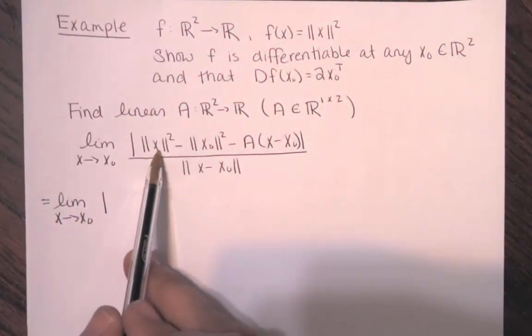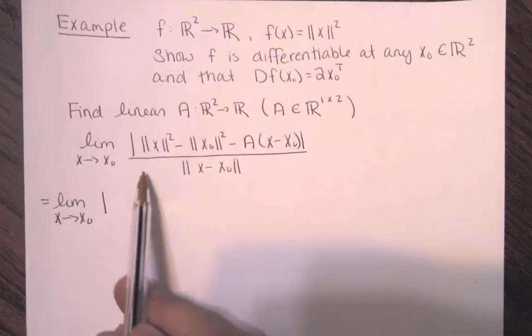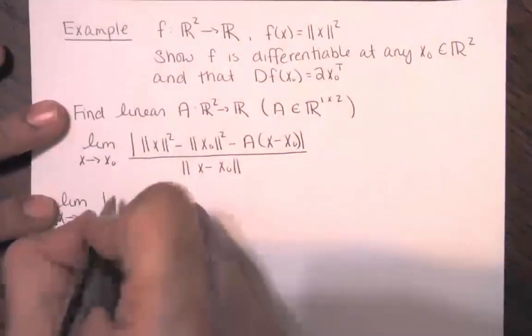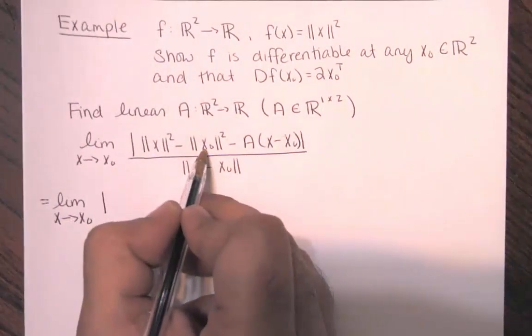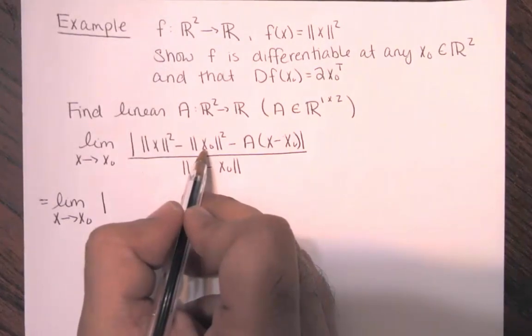Right, I know that the norm of x squared is x1 squared plus x2 squared. Right, so this is x naught 1 squared plus x naught 2 squared.